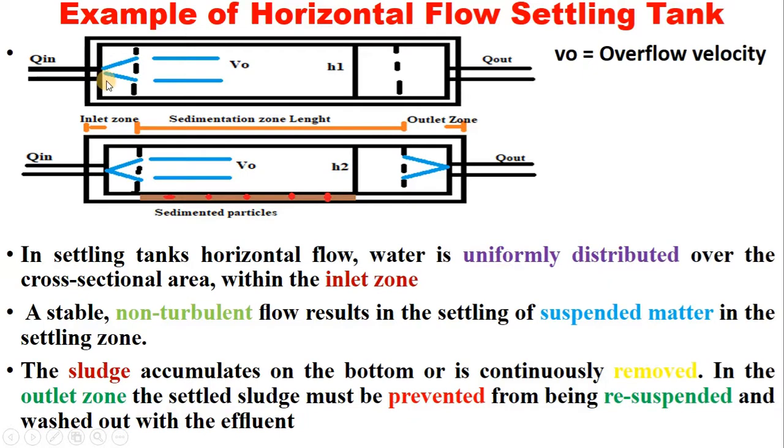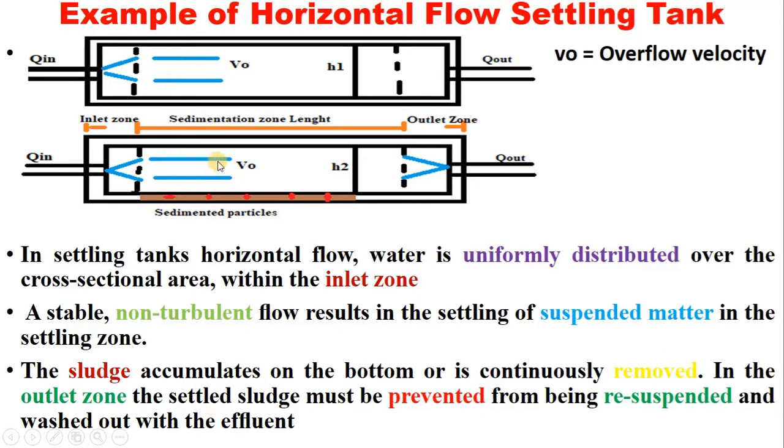In this inlet zone, the water is distributed uniformly. Then from the inlet zone, these are the pore spaces where the water comes into the sedimentation zone. From this sedimentation zone, this V0 is the overflow velocity. This is the thickness, which is H1. Then for this one, this is the thickness, which is H2.